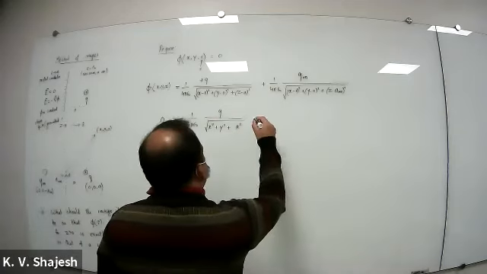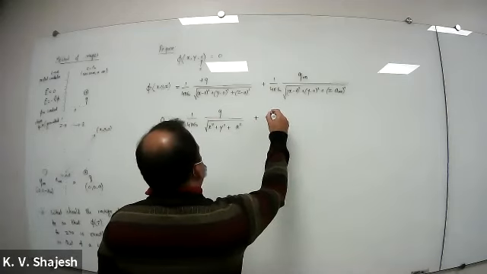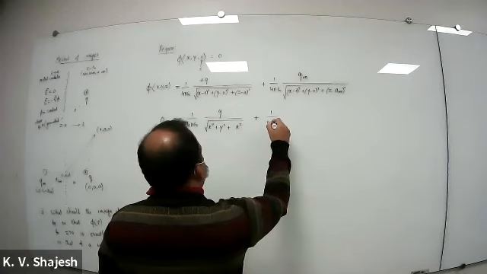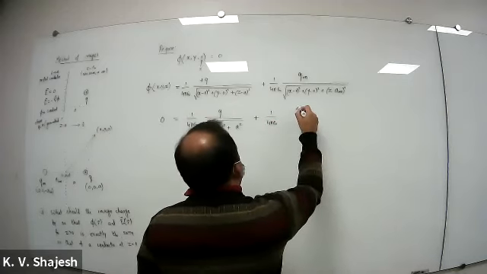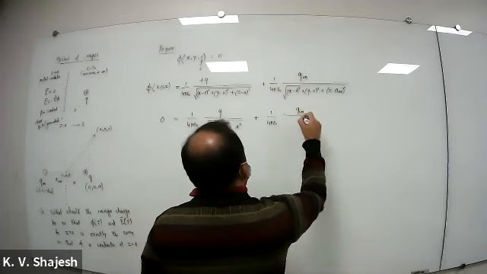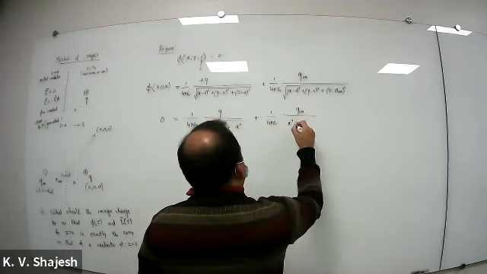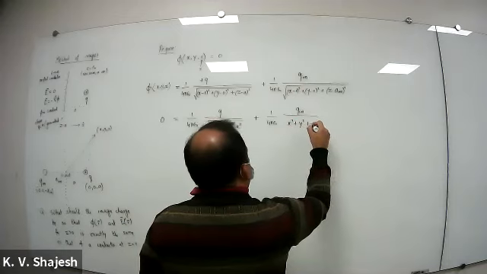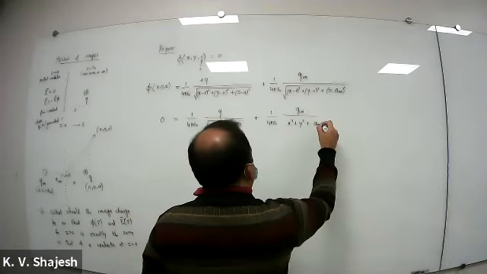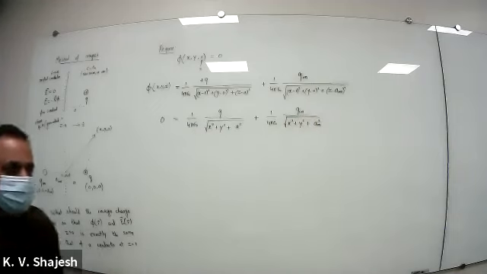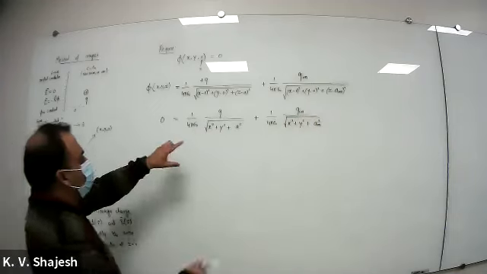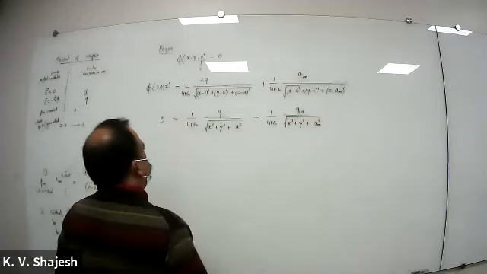And similarly, set z equal to 0, which is the observation point, on the second term also. That's x squared plus y squared plus a image squared. If this is equal to 0, I can put this on the other side.